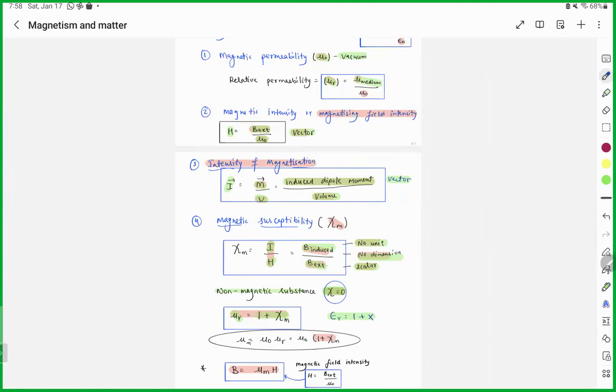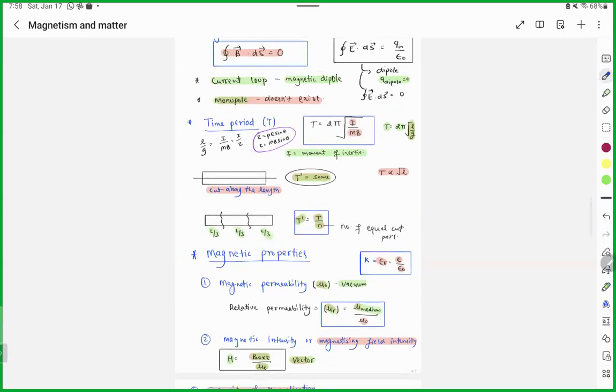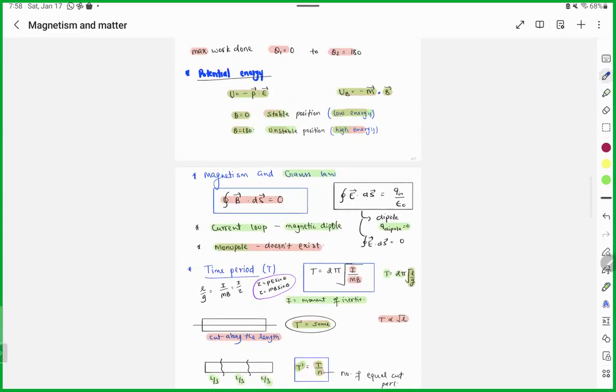Can you scroll a little bit up? This one. So the time period part, can you just explain again?